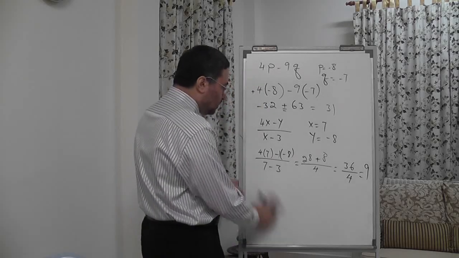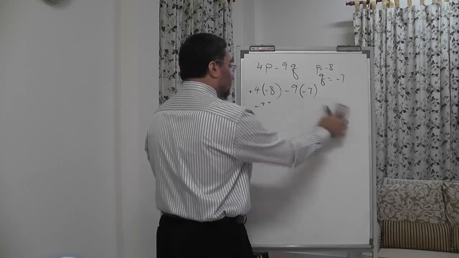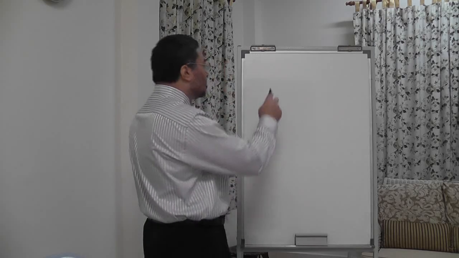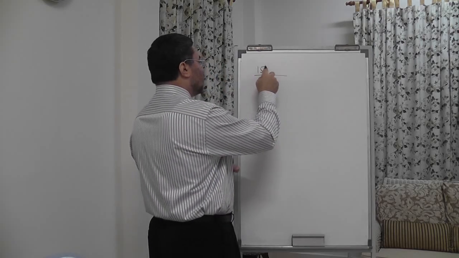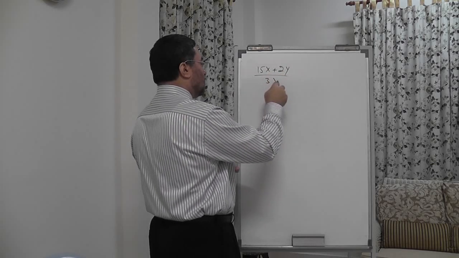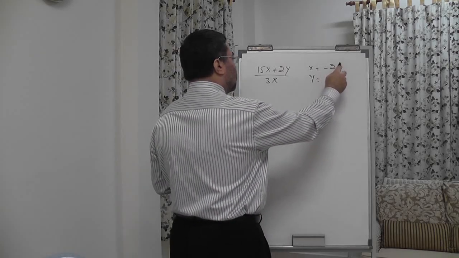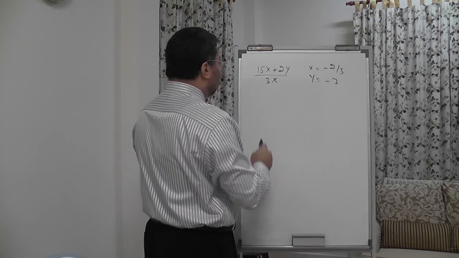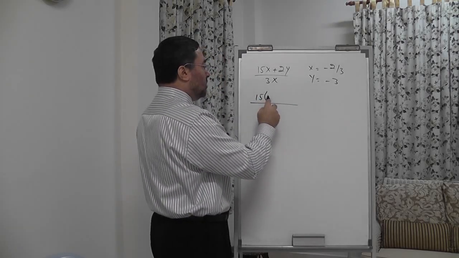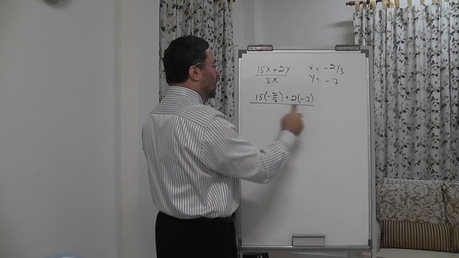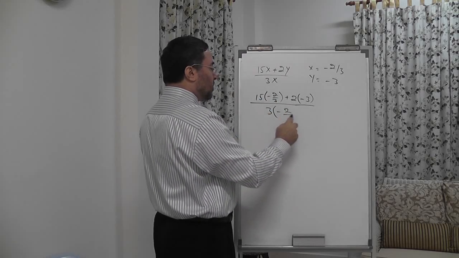Number 32, 15x plus 2y over 3x. And we are evaluating this for x equals minus 2 over 3 and y equals minus 3. 15 into minus 2 over 3 plus 2 into minus 3 over 3 into minus 2 over 3.